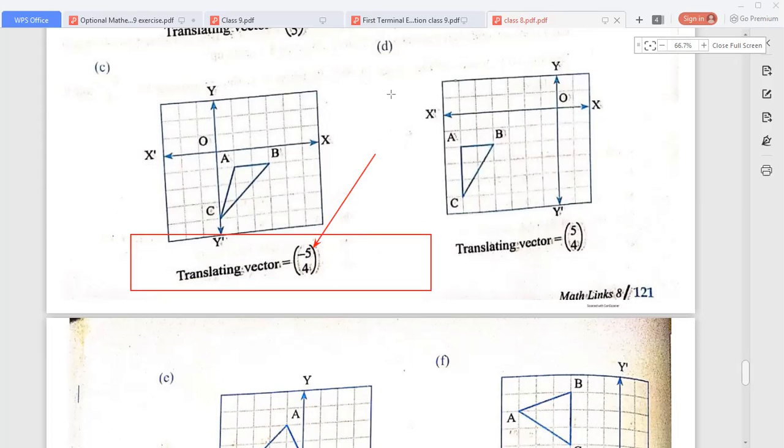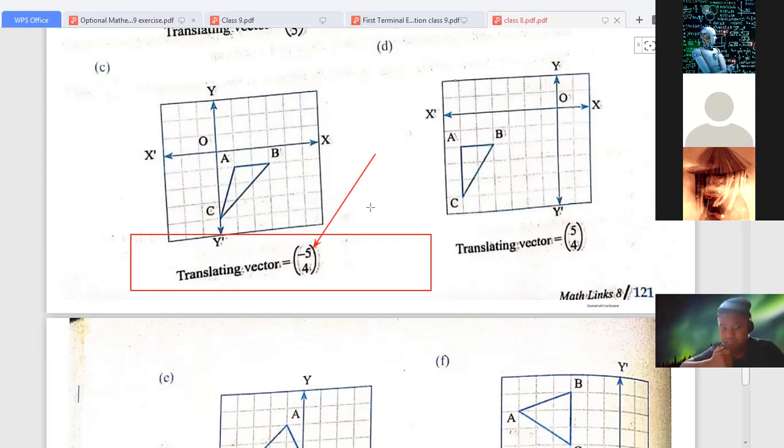Very good. 4 units up. Okay, very good. You are understanding very well. Here the first number is negative, so we have to go left by 5 units, and the second number is positive, so we have to go up by 4 units. Okay, Mr. Bishesh is understanding very well.